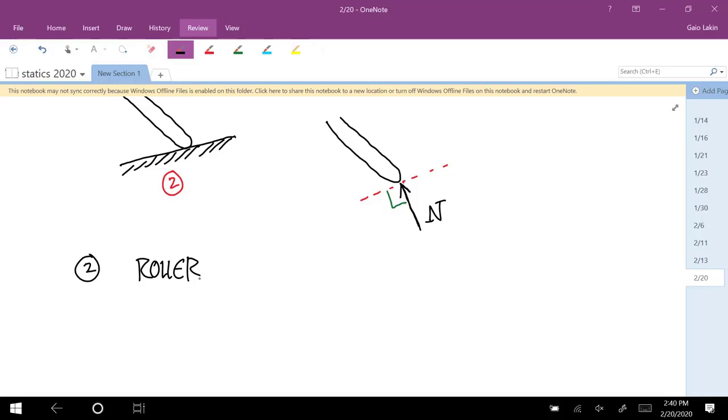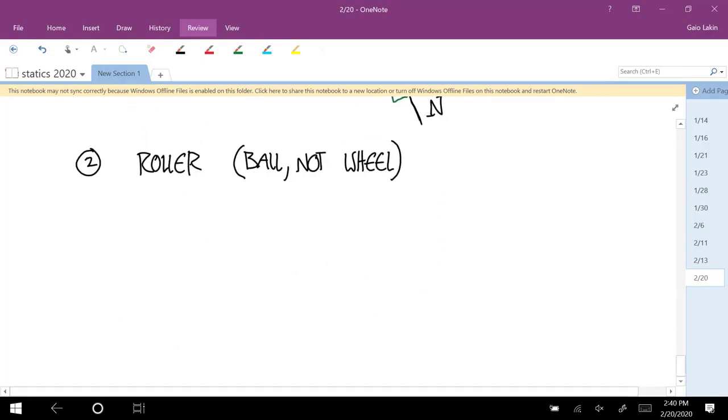So a roller, but we're talking about like a ball roller, not a wheel, because a wheel has a preferred direction. So in this case, we're talking about something like this.